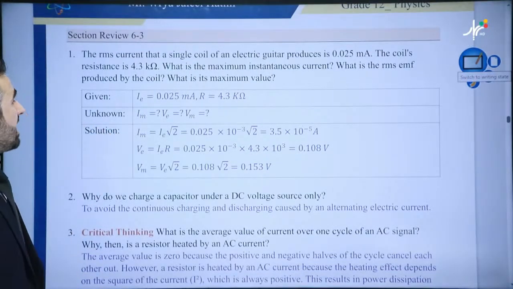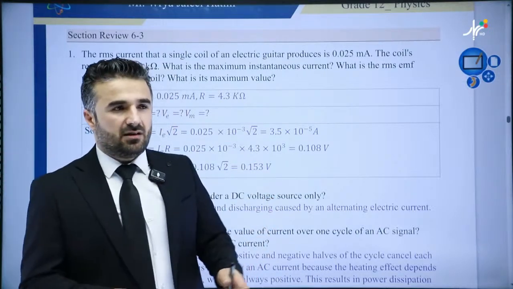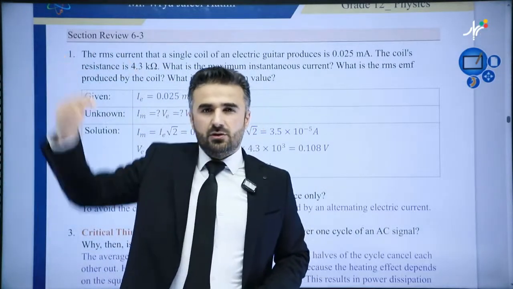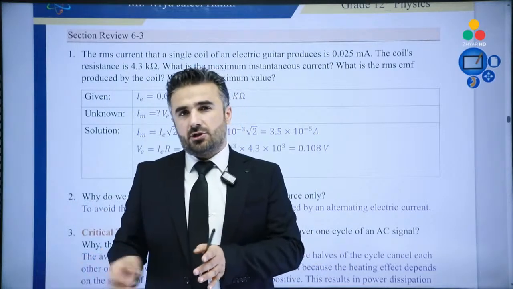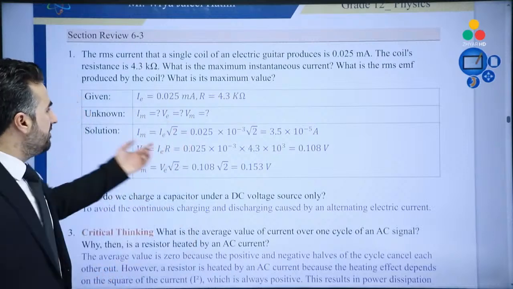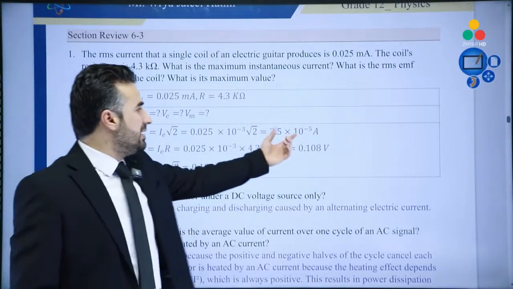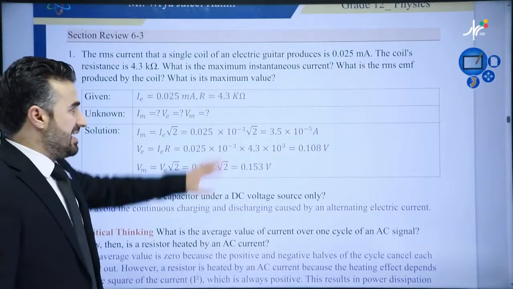I effective equals the maximum current divided by the square root of 2. So I maximum, using cross multiplication, equals I effective times the square root of 2. Multiplying, you get 3.5 times 10 to the power -5 amperes. That is the first part.